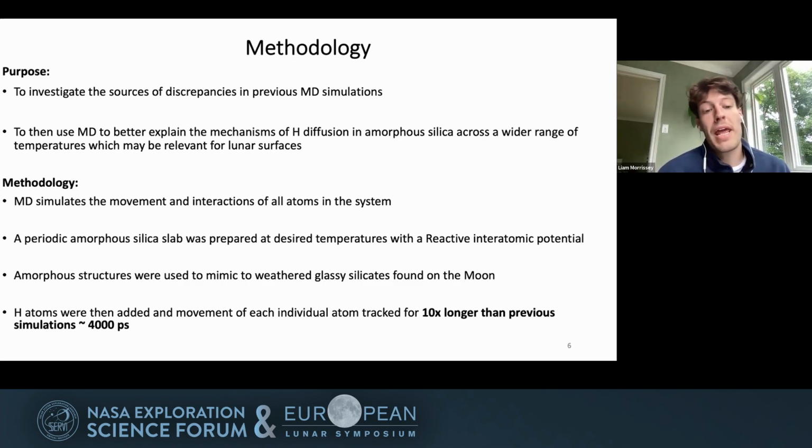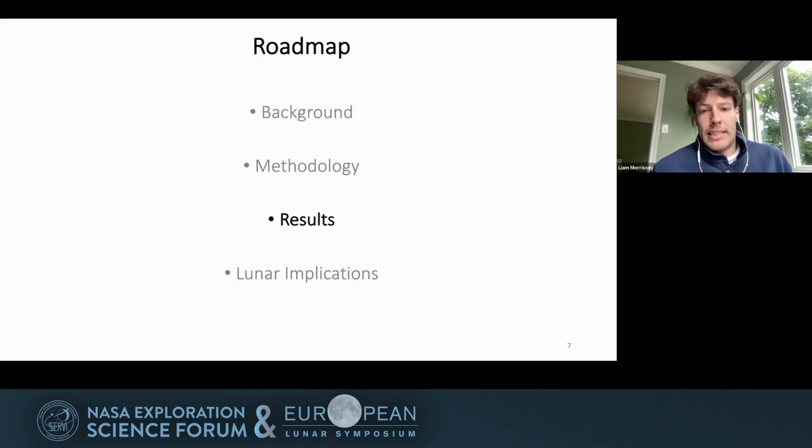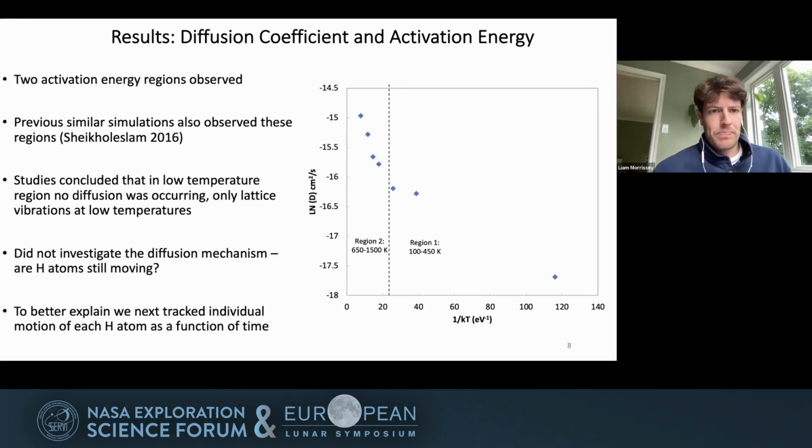We decided to use an amorphous structure because we wanted to mimic the weathered glassy silicates commonly found on the moon. After we developed our amorphous structure, we then added the H atoms and tracked the individual movement of each atom for 10 times longer than previous studies. That worked out to about 4,000 picoseconds. I've bolded that because I'm going to talk about it later, but I want to flag it for you.